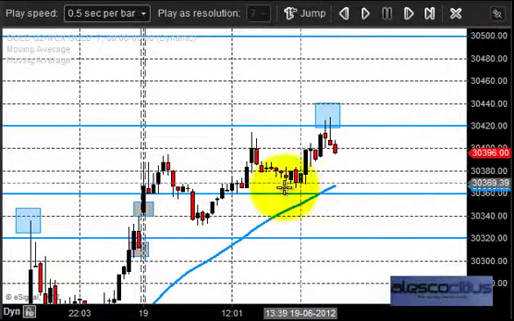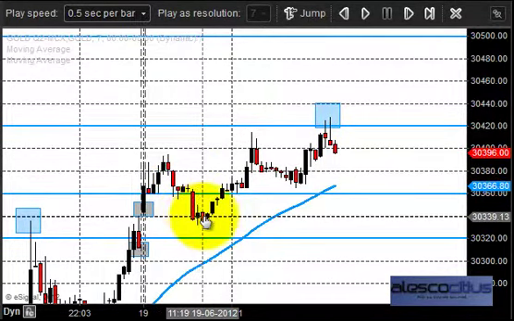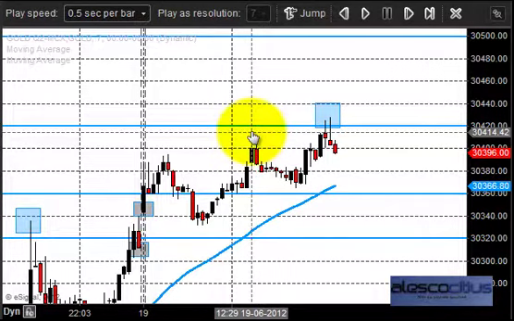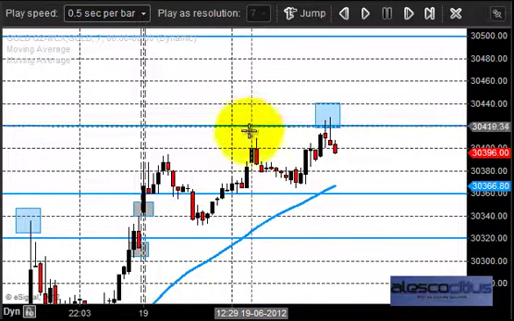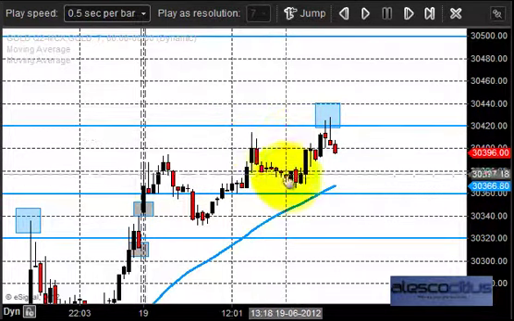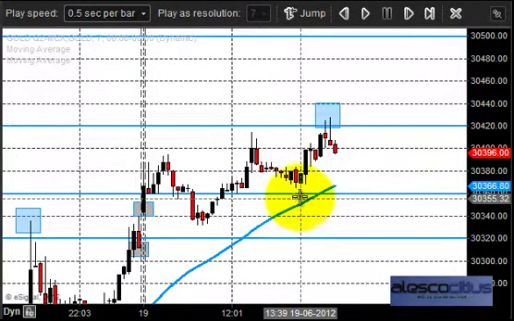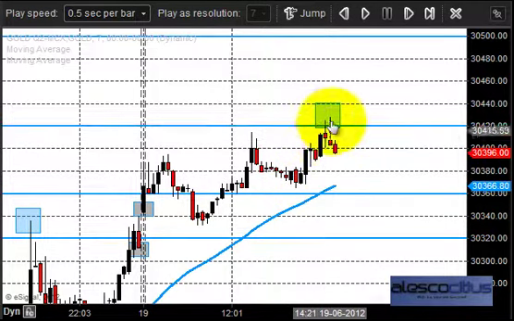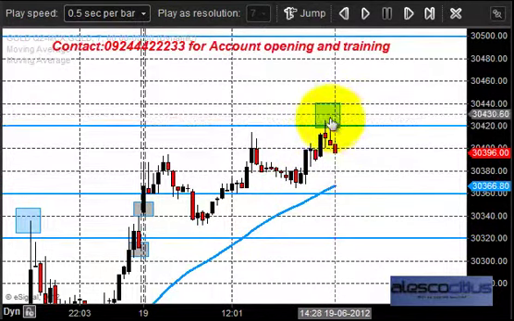After taking support around 30,330, it went up and tested the zone again, couldn't test 30,420 completely, came down and consolidated around 30,360, and again tested 30,420.